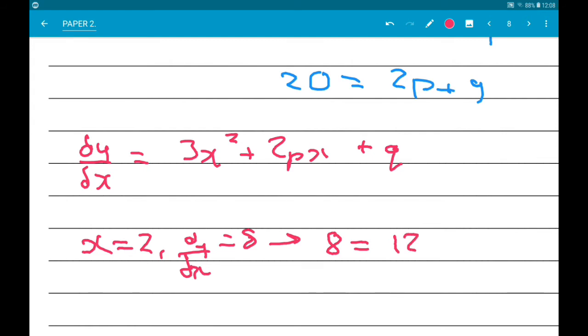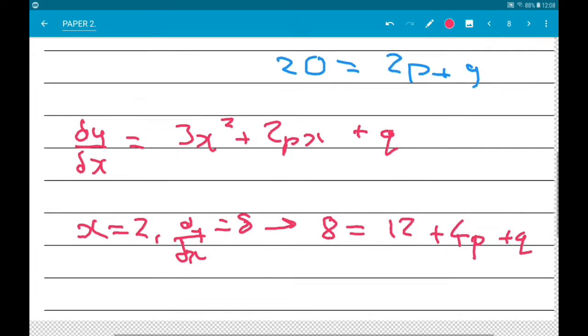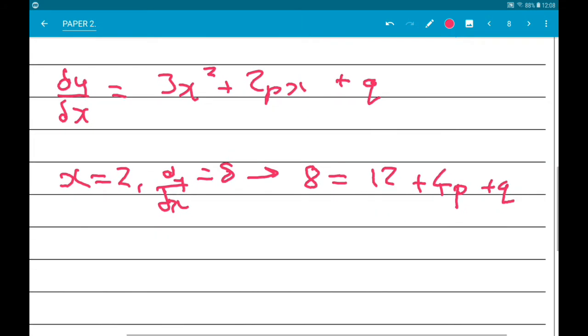Add 2 times 2p, so 4p. Add q. So there, we have minus 4 is 4p add q.